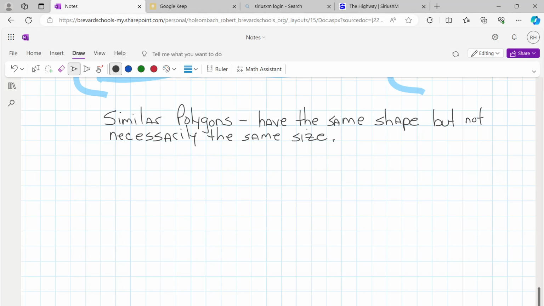Similar polygons, they have the same shape, but not necessarily the same size. Think of it as an enlargement or a reduction.